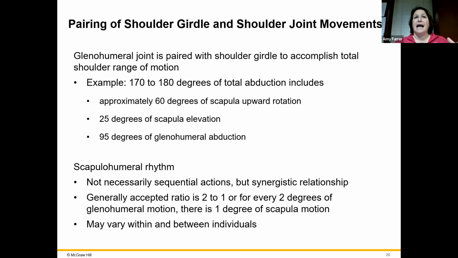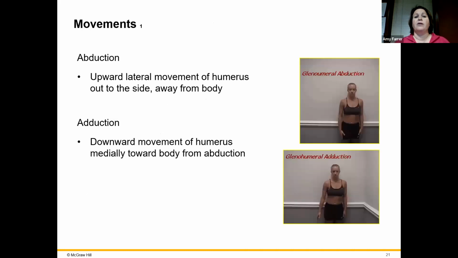It's synergistic. It happens in fluidity, but it all has to happen together. So again, that generally accepted ratio 2-to-1. Every individual is going to be different. Poor posture is going to have a relationship there. So all of these things will be together.